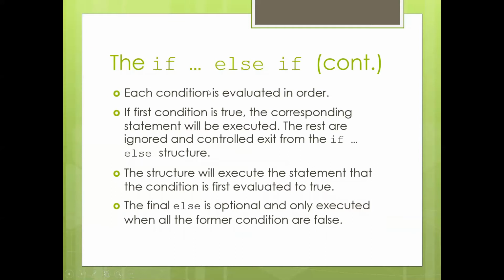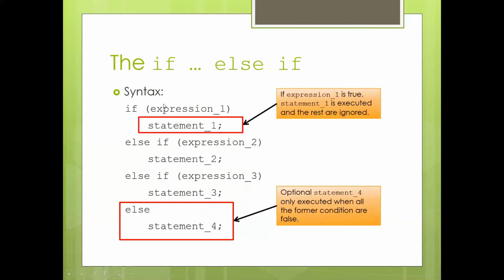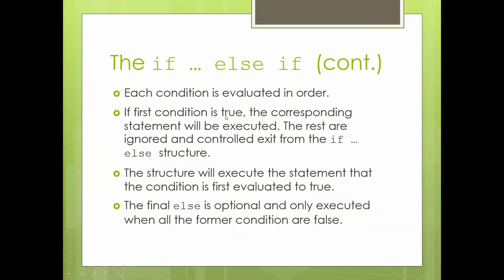Each condition is evaluated in order. It evaluates according to the sequence. If this one is false, then it goes down. But if the first if is true, it immediately exits the body of the selection. That means no matter how many options are given, you look for the best among the best. If the first condition is true, the corresponding statement will be executed.